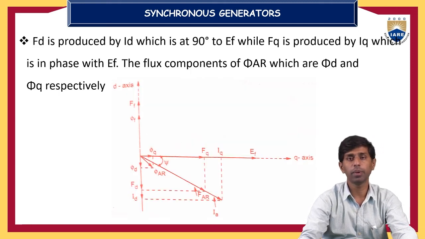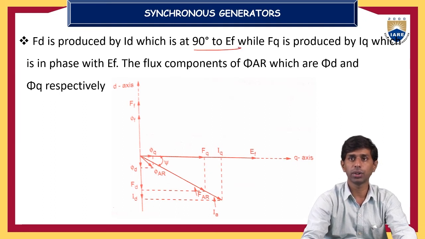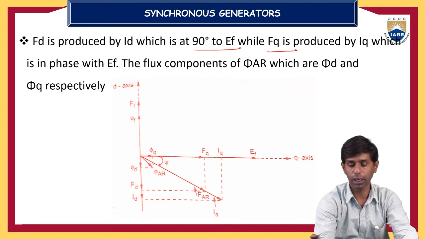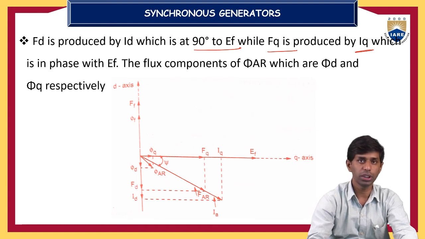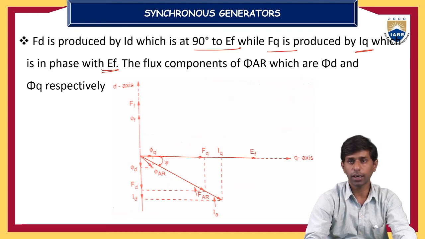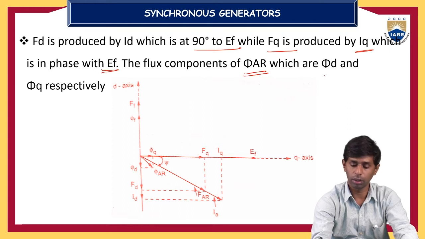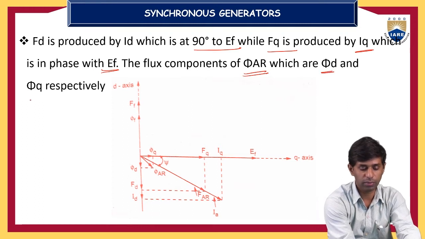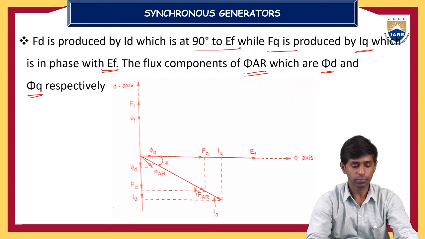The MMF FD along the D axis is produced by the direct axis component current ID, which is at 90 degrees to the excitation EMF, while FQ is produced by the Q axis component current IQ, which is in phase with the excitation EMF, EF. The flux phi AR is the vector addition of phi D and phi Q. So let us draw the vector diagram first.